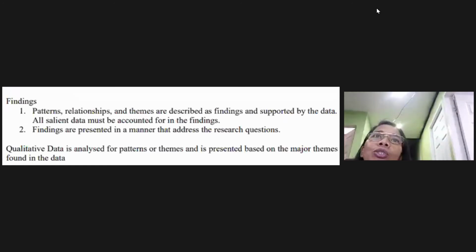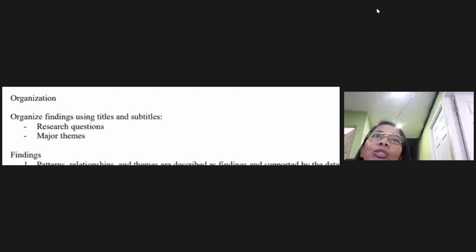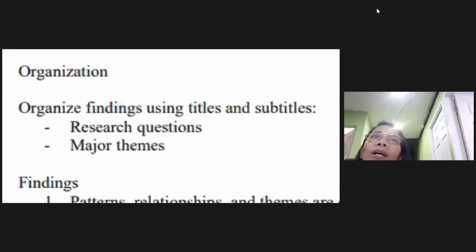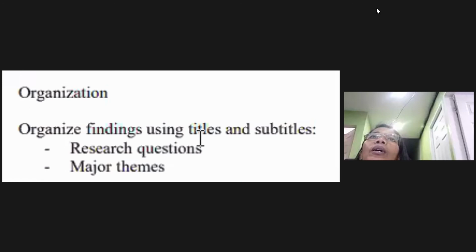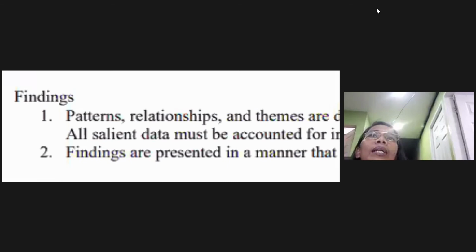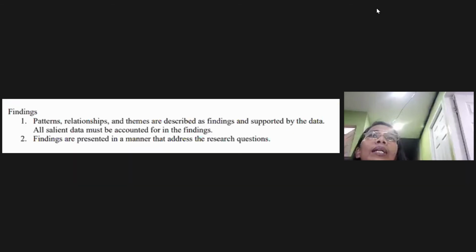So, pagdating naman sa organization, so lalabas, you need to organize titles and subtitles, research questions and major themes. And then, magkakaroon ka na ng findings. Ano ba yung findings mo? So, patterns, relationships, themes are described as findings and supported by the data, and all salient data must be accounted for in the findings.